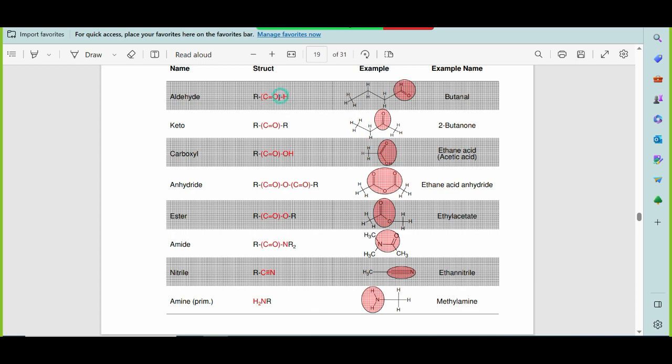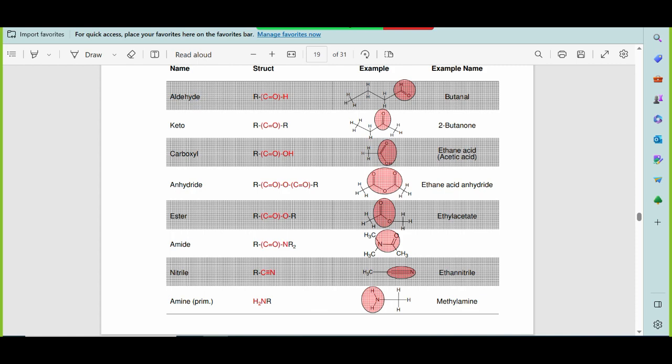This one here, C double bond O, is called carbonyl, and this carbonyl appears in many different classes. If it's at the end, and of course there should be one more bond, so H in this case, then the category is aldehyde.